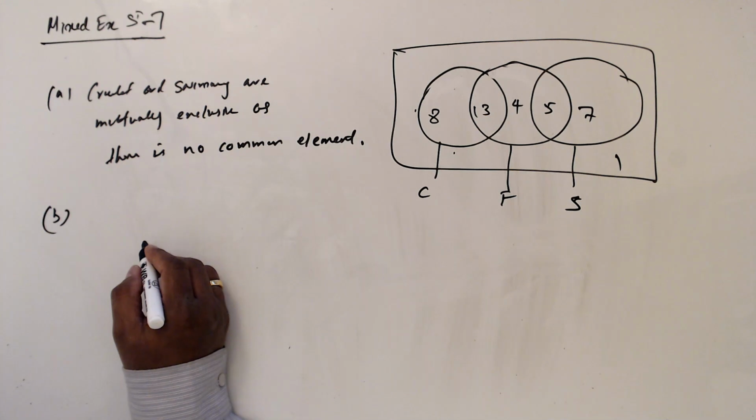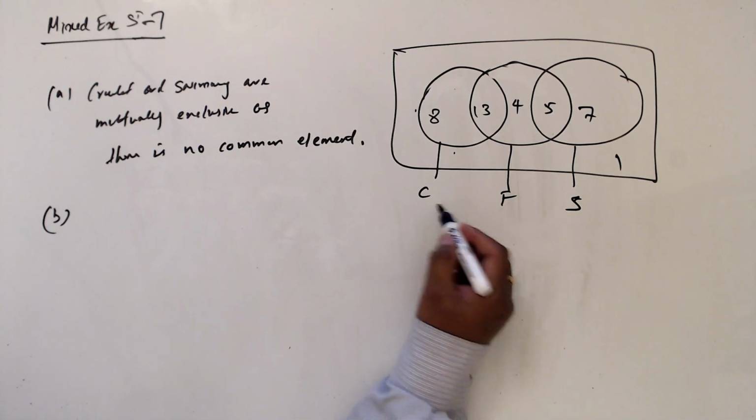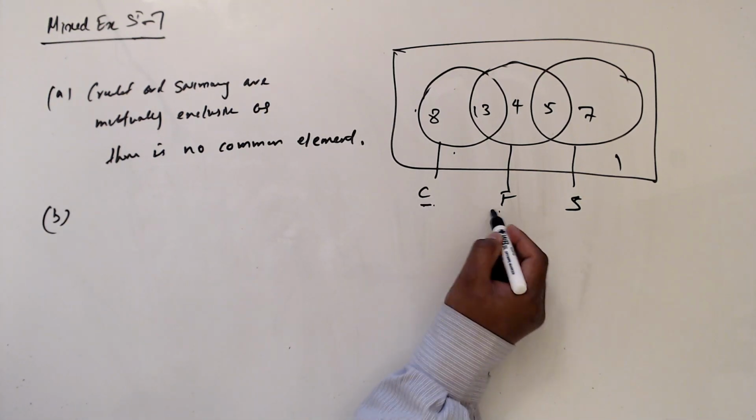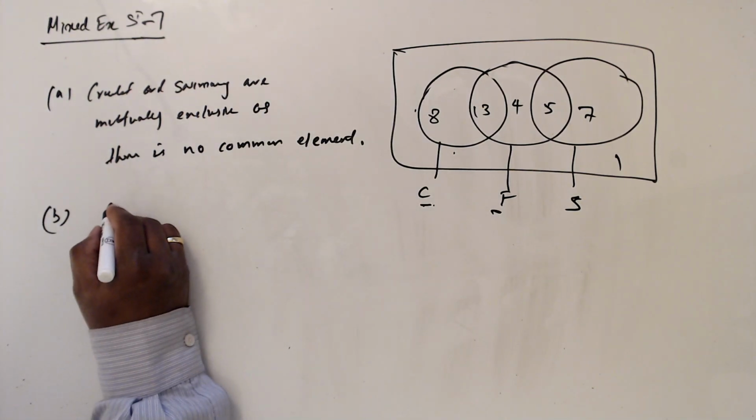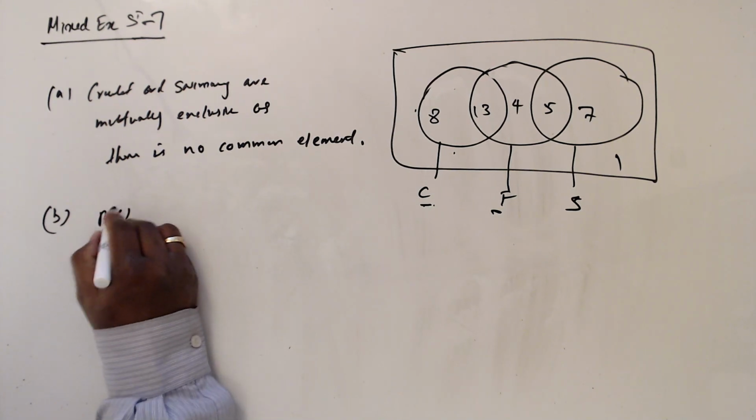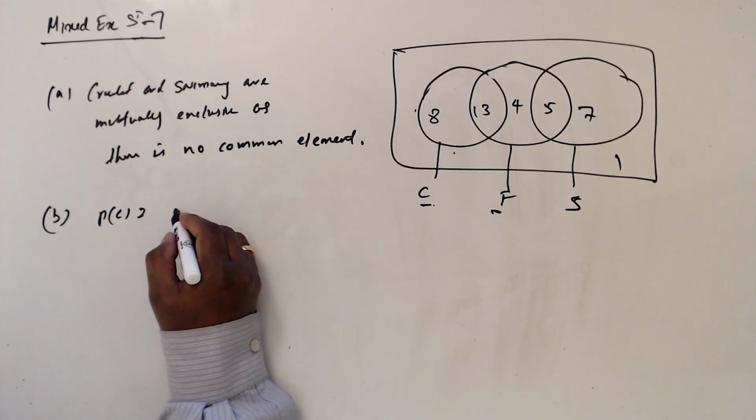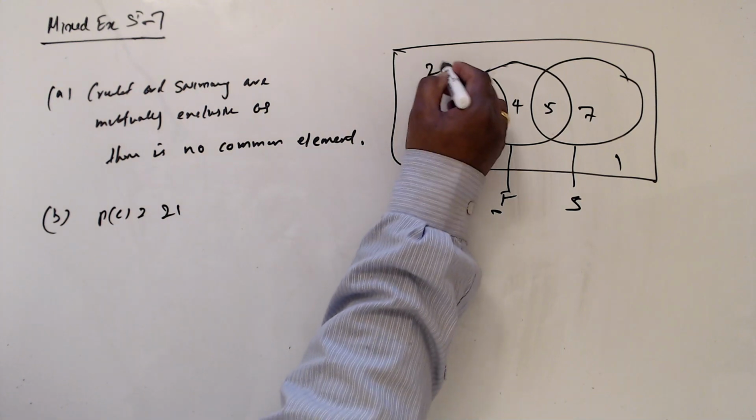Part B. Determine whether cricket and football are independent. So cricket and football are independent. Now probability of cricket is going to be 21. So this is 21.